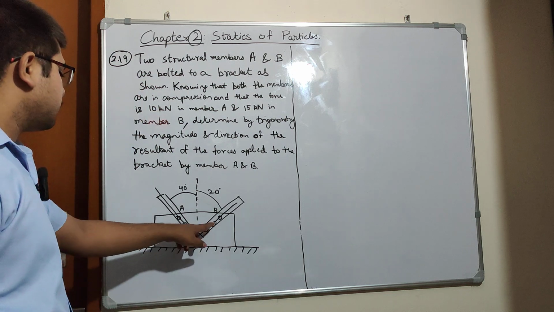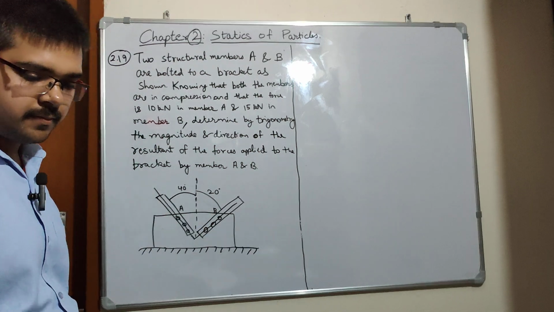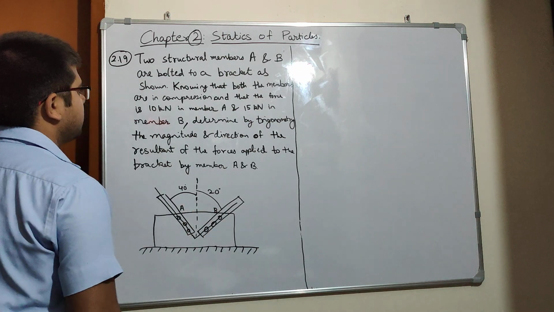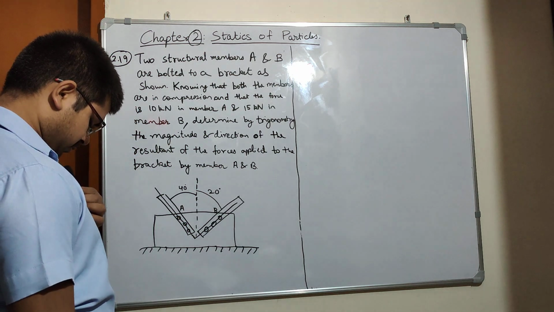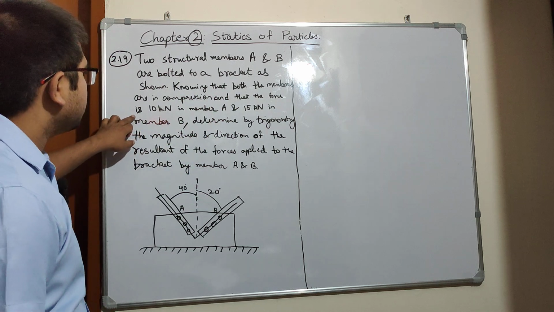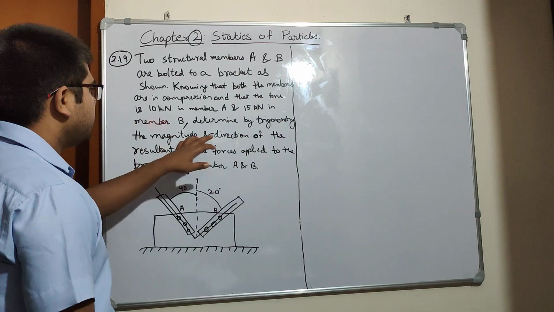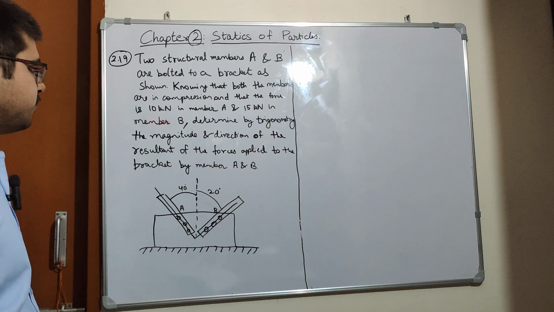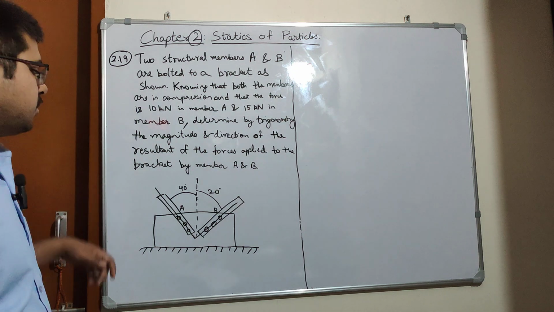So this is a bracket and two structural members are bolted to the bracket, and they are given the name A and B. Knowing that both the members are in compression and that the force is 10 kilonewton in member A and 15 kilonewton in member B, determine by trigonometry the magnitude and direction of the resultant of the forces applied to the bracket by members A and B.